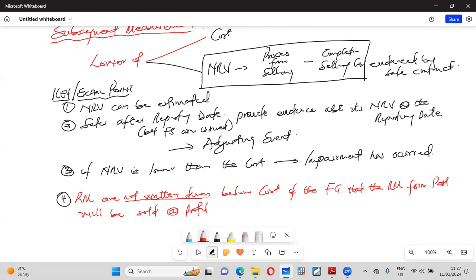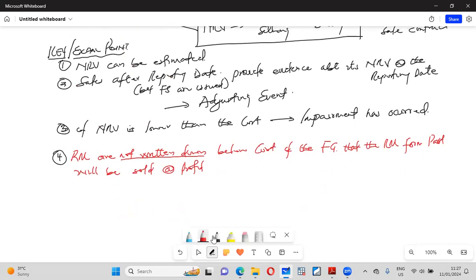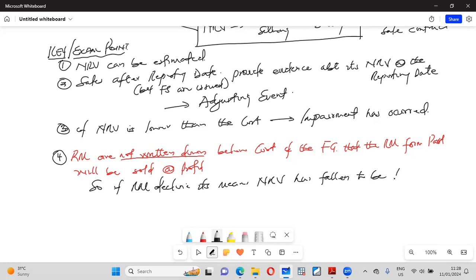Because if the raw material declines, it means that the net realizable value has fallen to the purchase cost. Okay, so take note of that. So if the raw materials decline, it means the NRV we are looking at has fallen to the purchase cost.